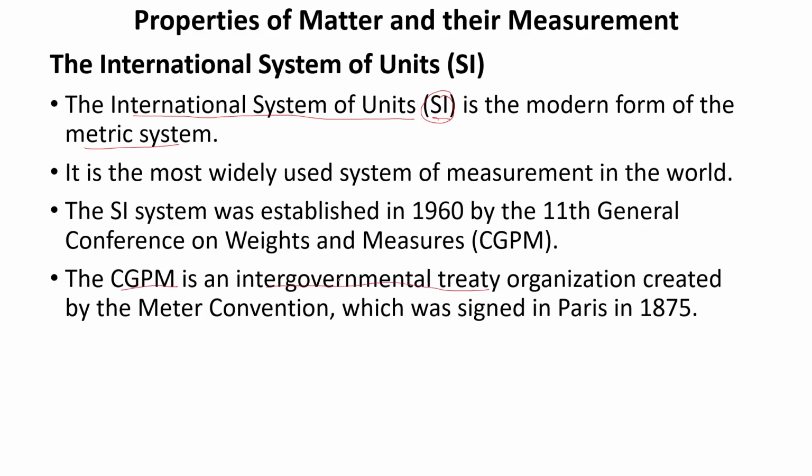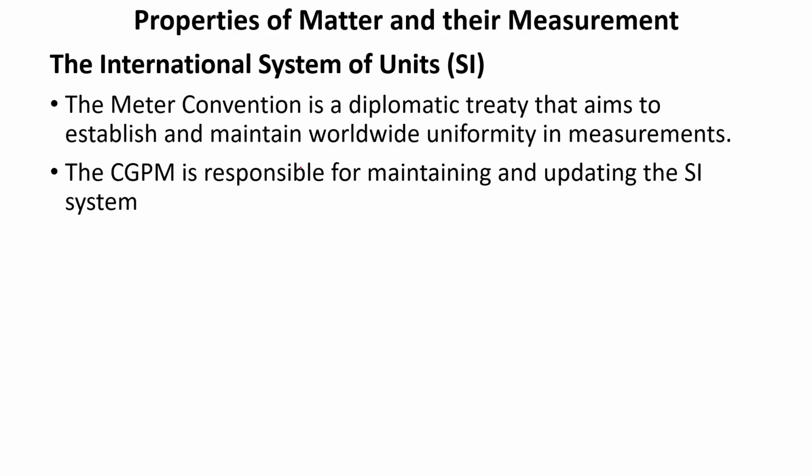So it created the metric convention. Now, what is CGPM? CGPM is the Conference on Weights and Measurement. In the 11th General Conference, an intergovernmental treaty organization called CGPM created the Meter Convention, which was signed in Paris in 1875. And it is the most used system all over the world and accepted all over the world.